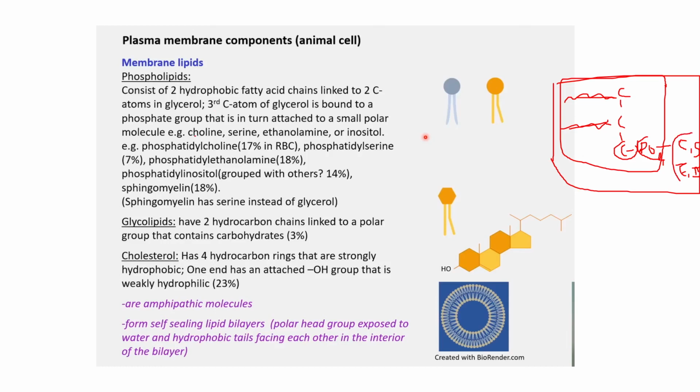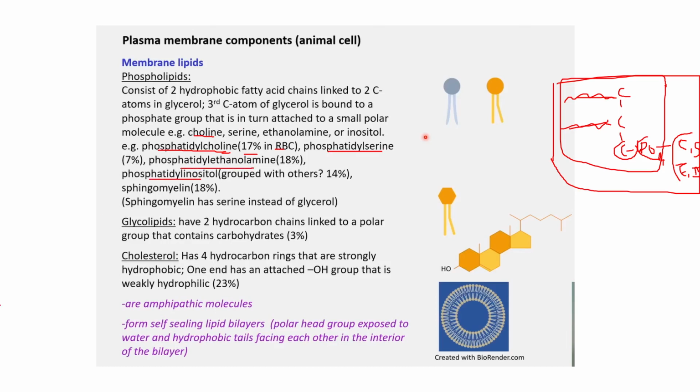If choline is attached, then it is called phosphatidyl choline, which in the RBC contains 17%. If serine is attached in place of choline, it is called phosphatidyl serine. Similarly, phosphatidyl ethanolamine and phosphatidyl inositol.